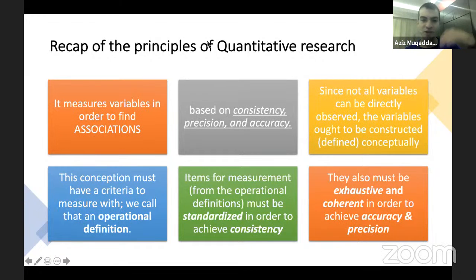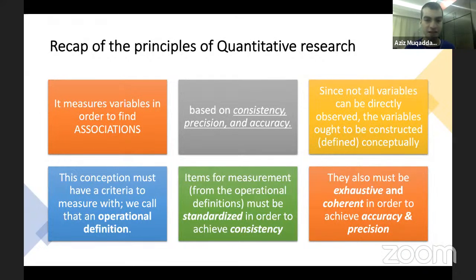So whenever we are measuring, for instance, parasocial relationship, we have statements, and those statements have numerical values attached to them, by which we could measure the level of having that variable, for example, right? That's what we call standardization. It's like when you assign precise numbers to the operational definition statements.